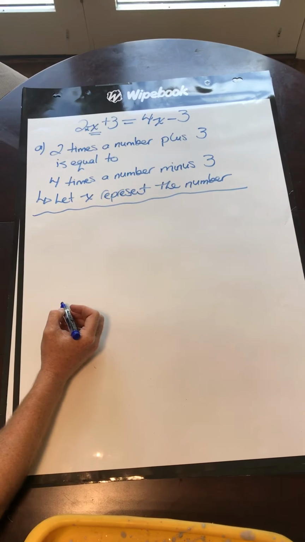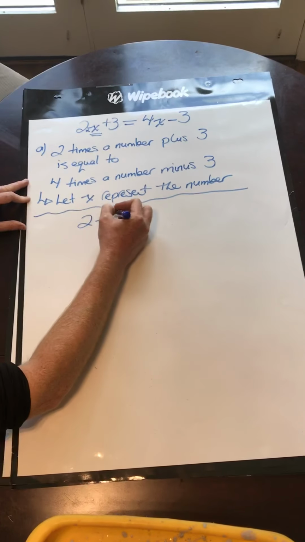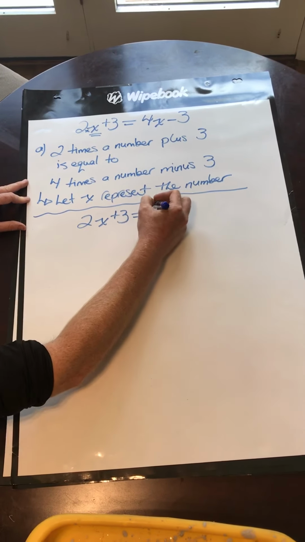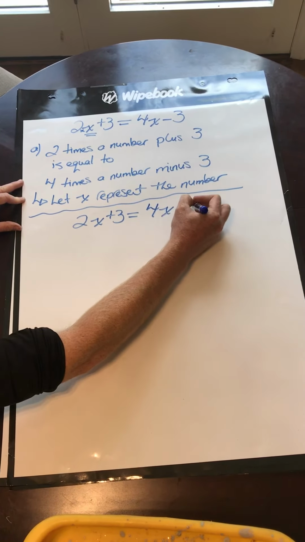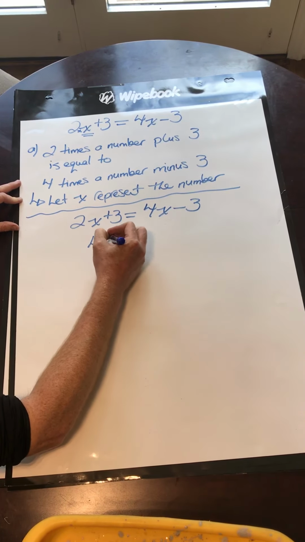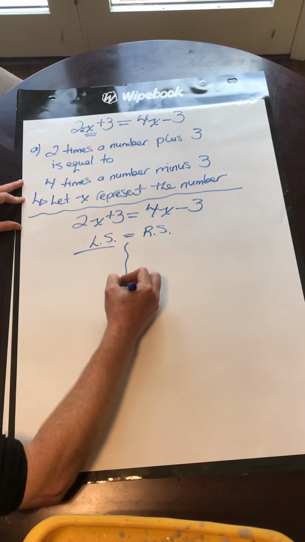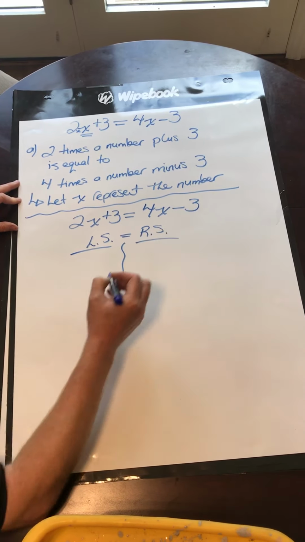All right, so now we're going to solve for this. So we're going to rewrite this again. 2x plus 3 is equal to 4x minus 3. And we're going to put our left side is equal to our right side and put a squiggly down where the equal sign is.